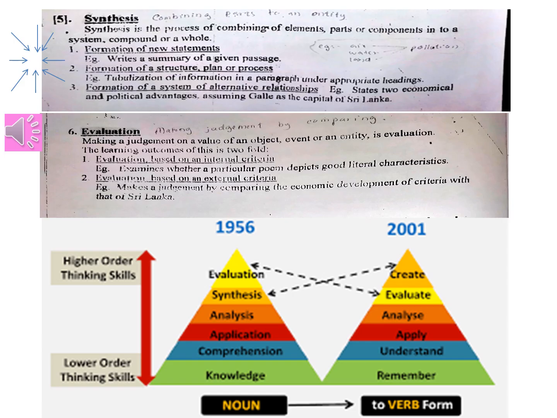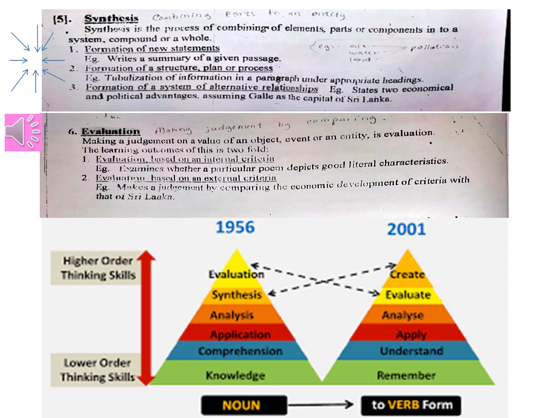Now, we are not separating here. In the earlier one, analysis, you read a paragraph and underline the adjectives. There you read the paragraph and you are separating: these are nouns, these are verbs, these are adjectives, these are adverbs. Then you underline the adjectives.